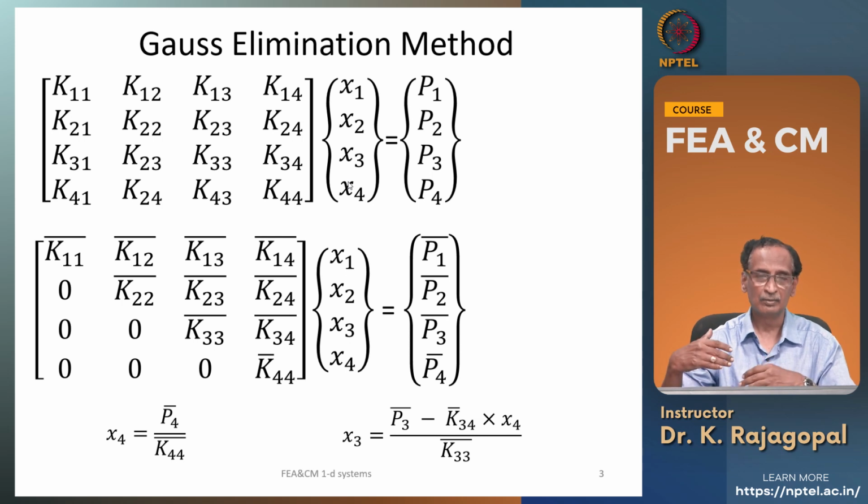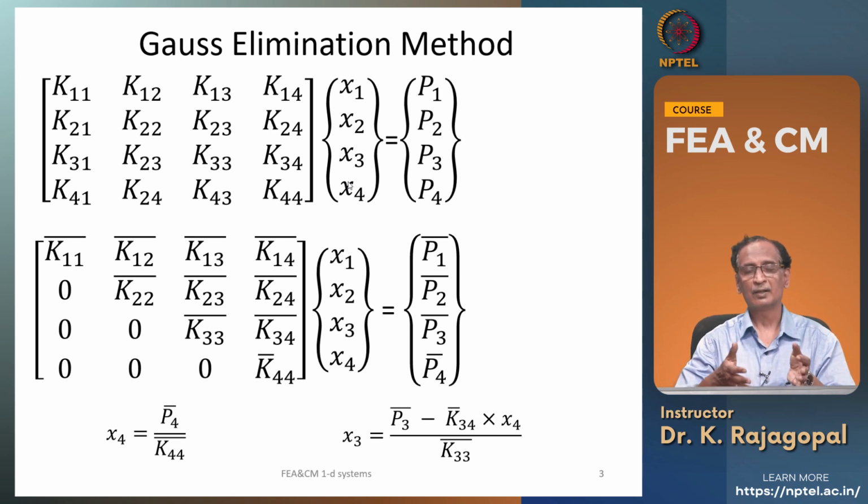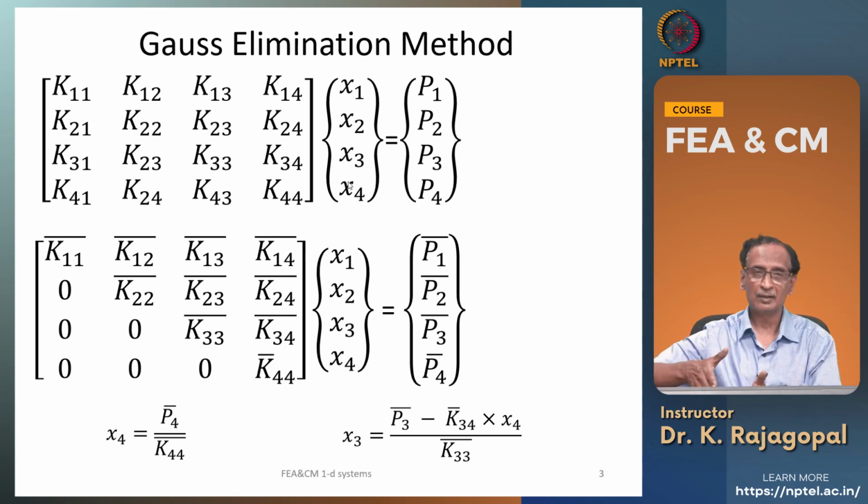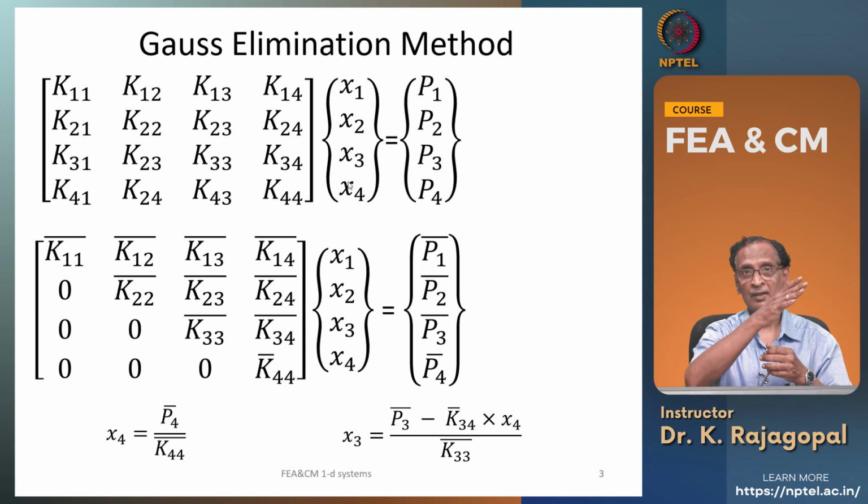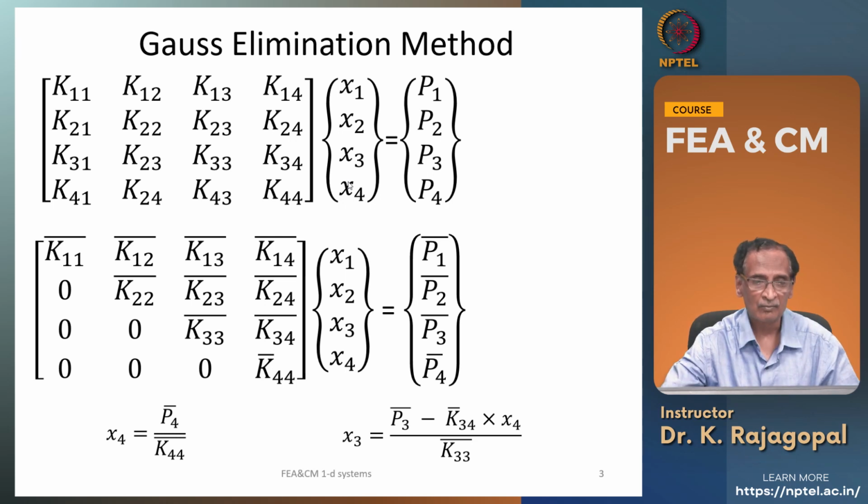And between these two, the Gauss elimination method we had discussed is more suitable for finite element calculations because we have a banded matrix where a significant number of stiffness coefficients away from the diagonal are 0.